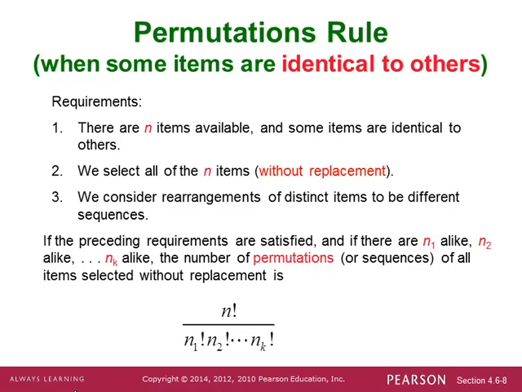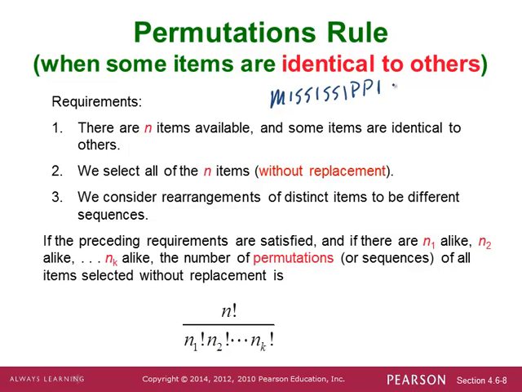Now, we'll talk about the so-called Mississippi rule that says that, if you have 2 or more items in the set that you're choosing from that are exactly the same as each other, then not all rearrangements will be distinguishable from each other.